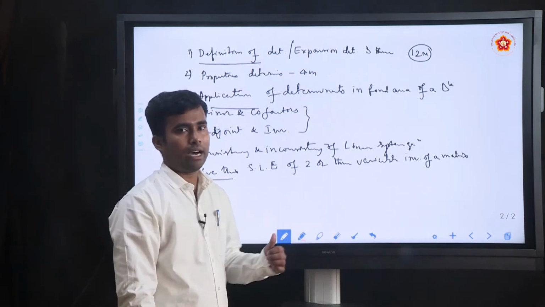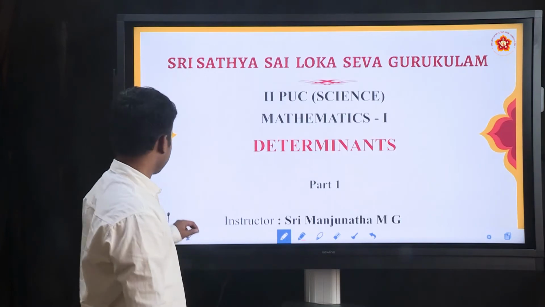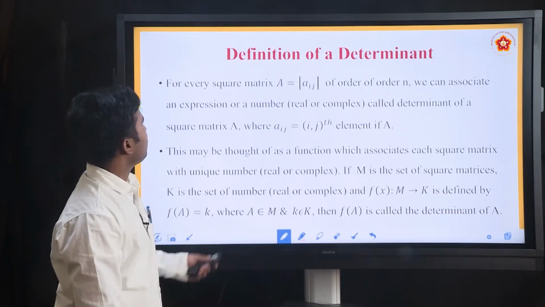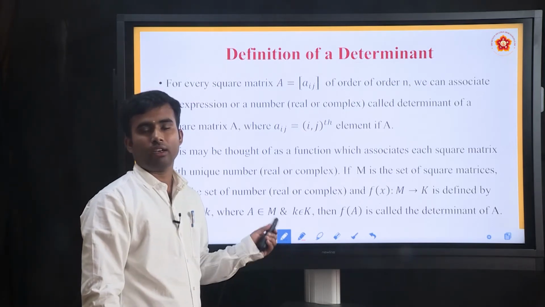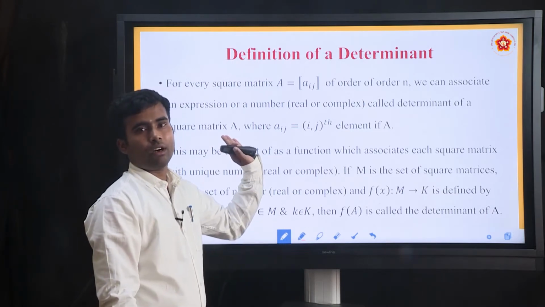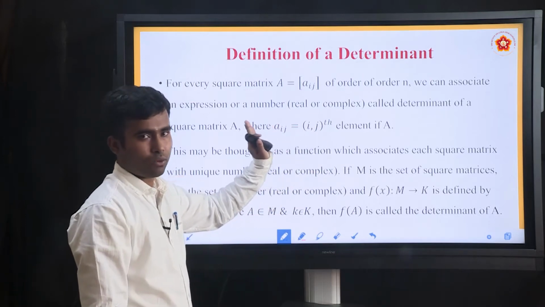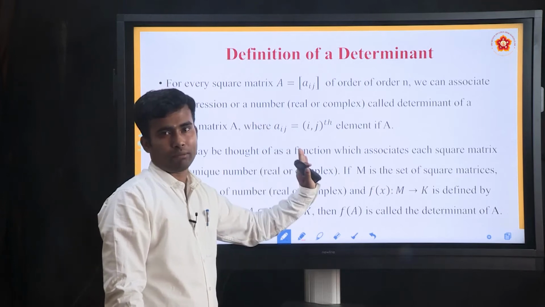Now let us start with the definition of a determinant. See, for every square matrix, you already learned square matrix in the last chapter. What is a square matrix? One in which the number of rows is equal to the number of columns. We call it a square matrix. In this chapter, we are going to study only square matrices.